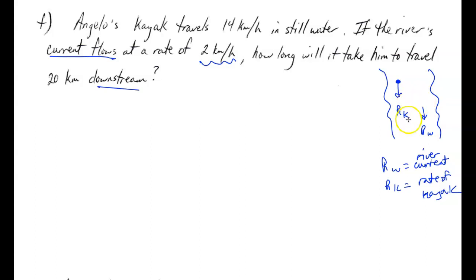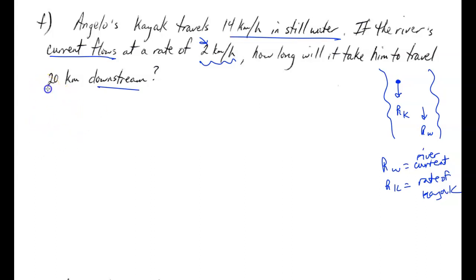So the one thing that we see is that they're both going down, so that means that the total rate that the kayak will eventually be traveling will be what it is in still water plus whatever the current flow rate is for the actual water. So it's going to be going faster than normal.